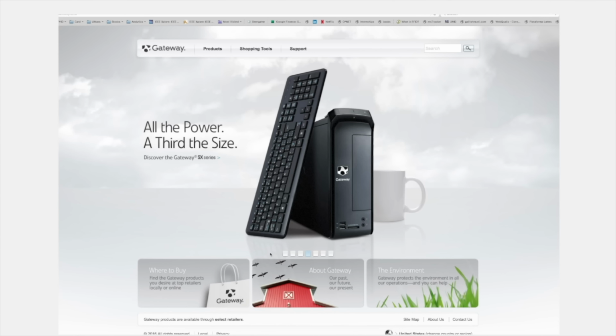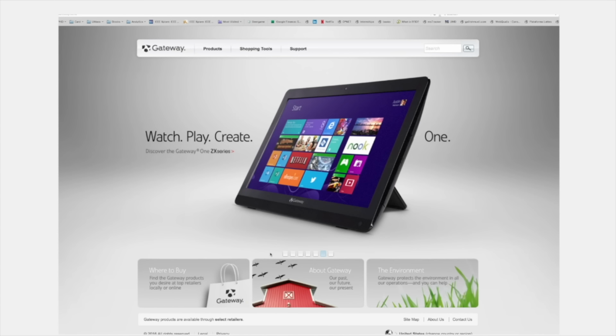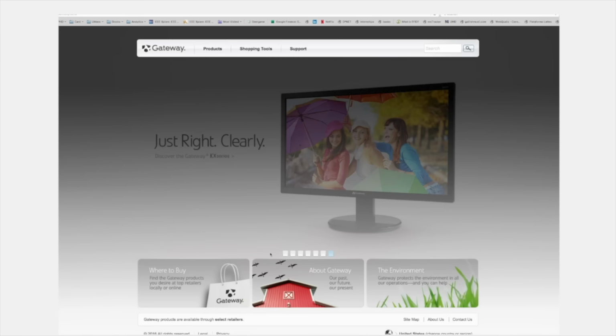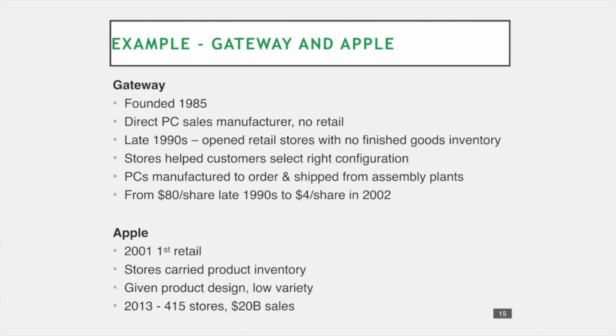What these stores would do is help customers select the right configuration for their computers. People working at those stores were obviously more knowledgeable about technology and other aspects, and they would help the customer select the right configuration based on what needs they have. There could be a customer who has some very basic needs in using a computer, maybe typing, mostly using a word processor and so on.